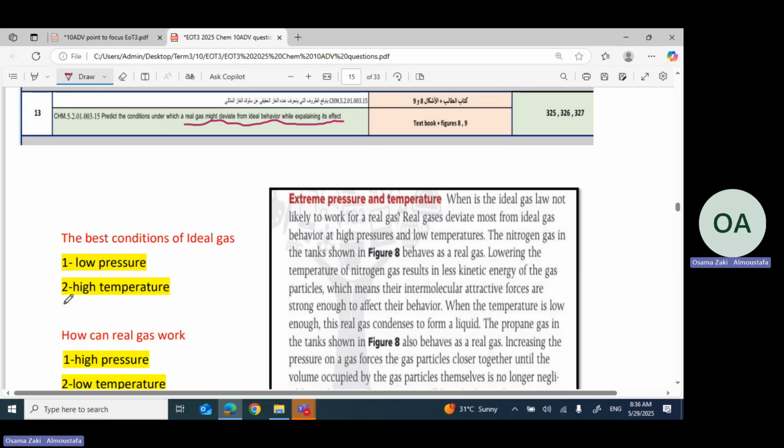Okay, and if there is no polarity, that's better. No polarity. And if the size is small, okay, small size. So we have 4 conditions, okay? But the main conditions are the low pressure and high temperature, okay?